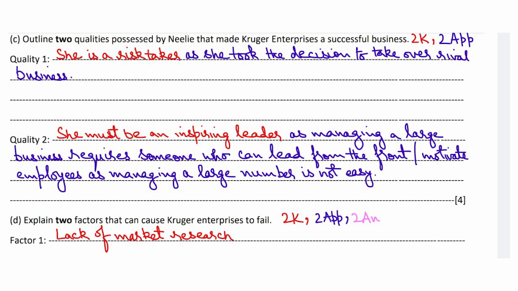Now, quality 2, she must be an inspiring leader. That is knowledge. Another quality: as managing a large business requires someone who can lead from the front, or you can write this as well, motivate employees, as managing a large number is not easy. Now, why is it an application?